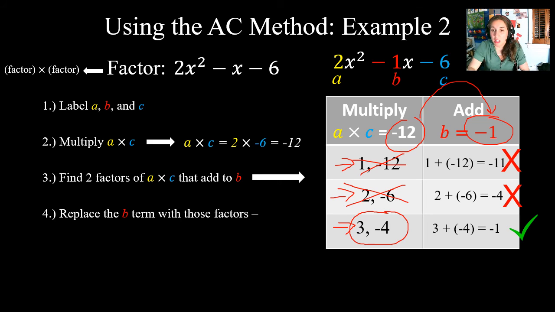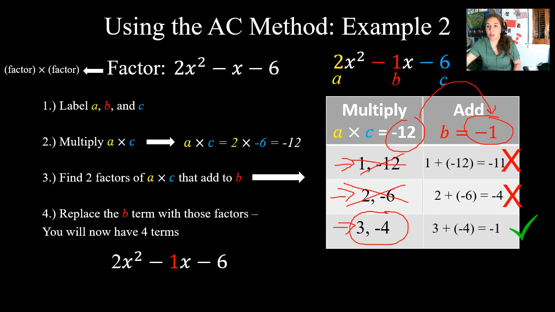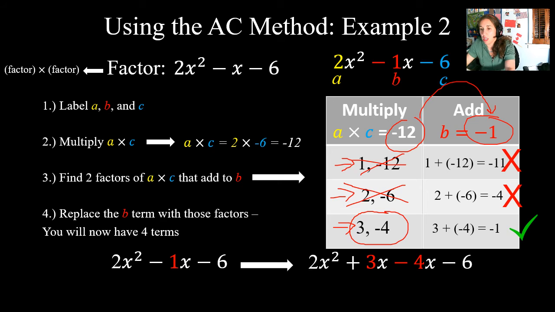Now I can move into my next step. I'm going to replace the B term with those factors, okay? So that will give me 4 terms so that I can do factor by grouping. So here's my original trinomial, 2x squared minus x minus 1. I threw that 1 in so that you could see that when I replace my B term, I'm replacing this -1 with 3x and -4x, and I got those factors right from my table, right?